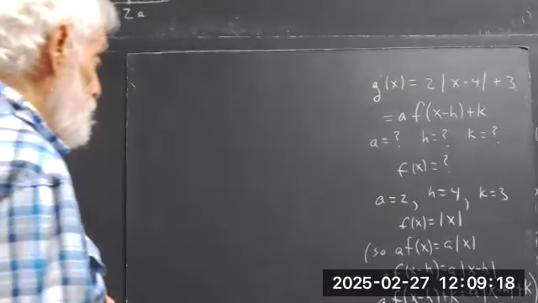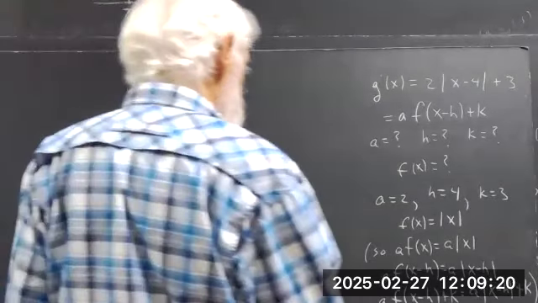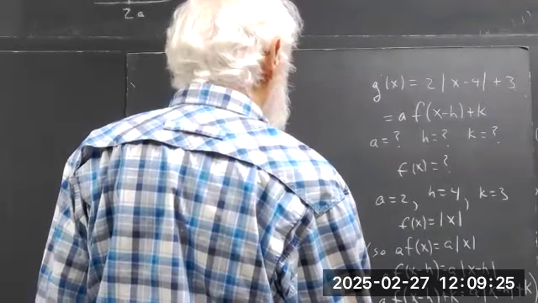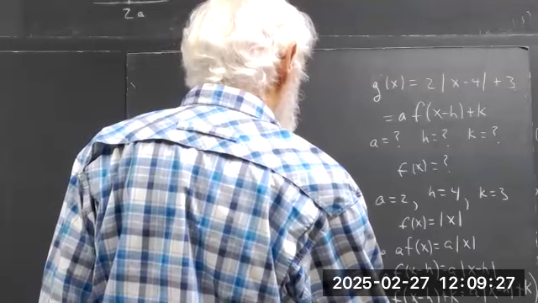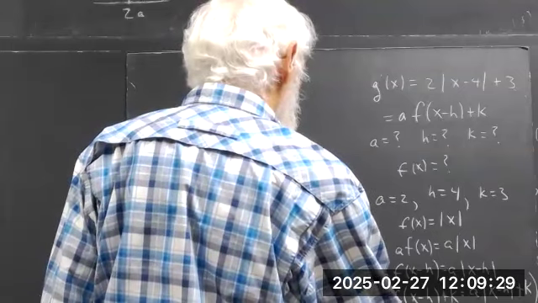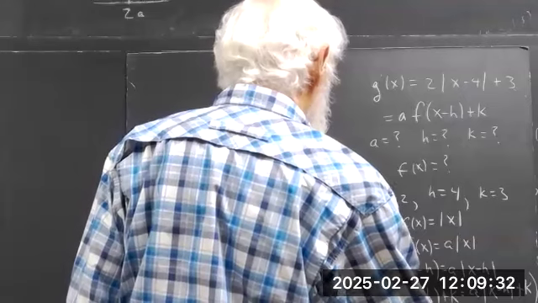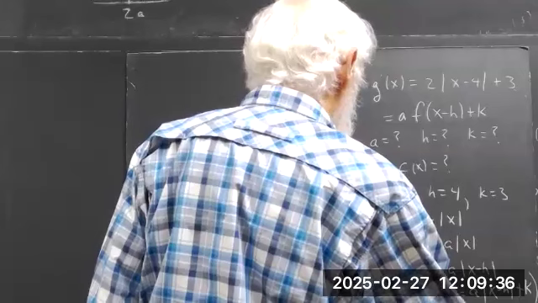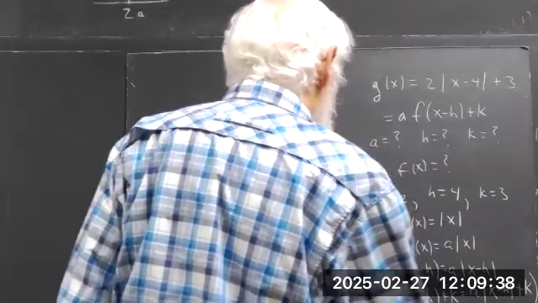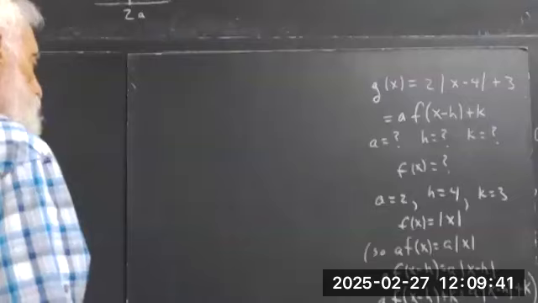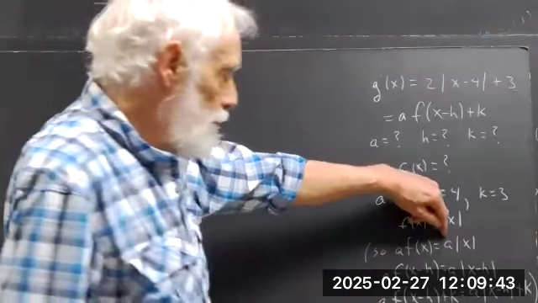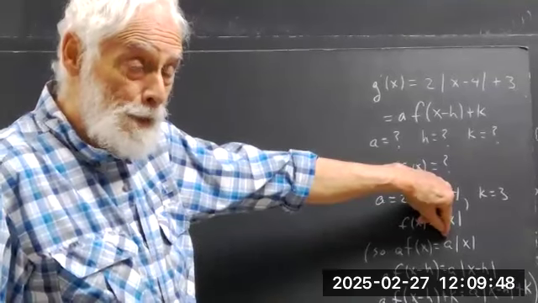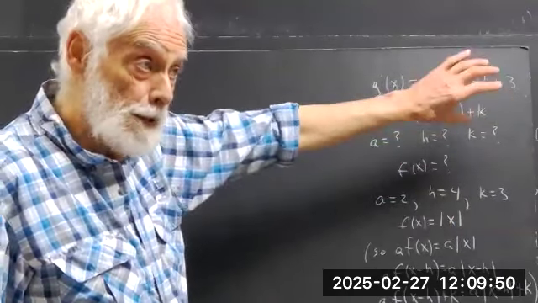Then g of x equals this. Now we know that this is a vertical stretch by factor a, right? And maybe you got a reflection if a happens to be negative.